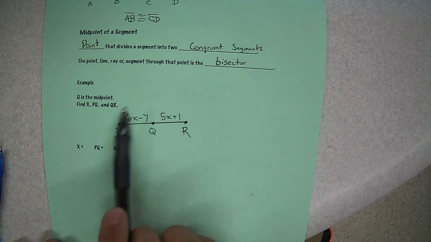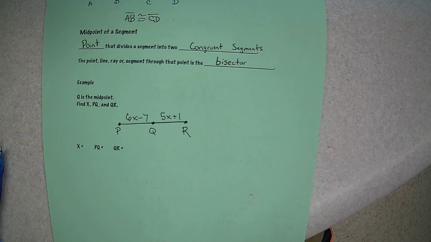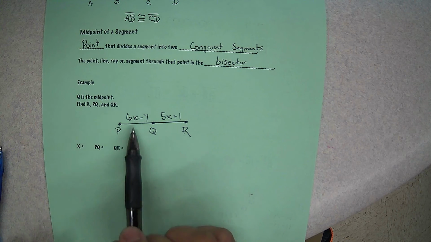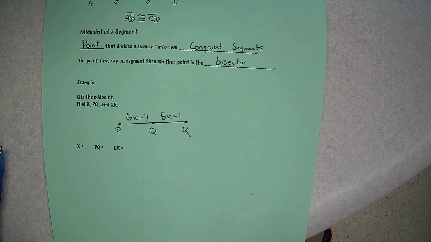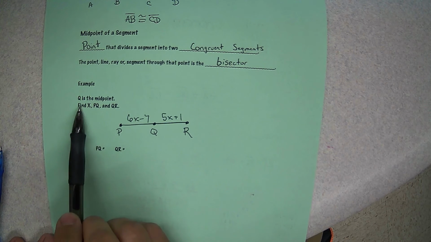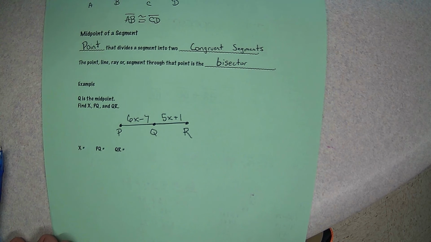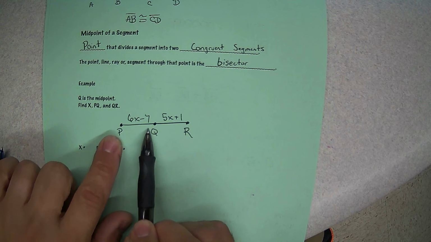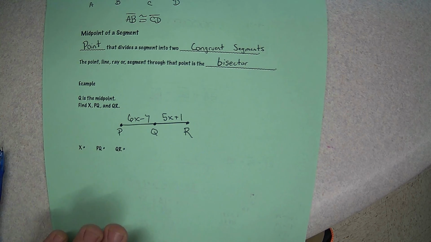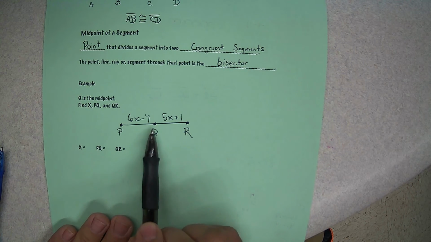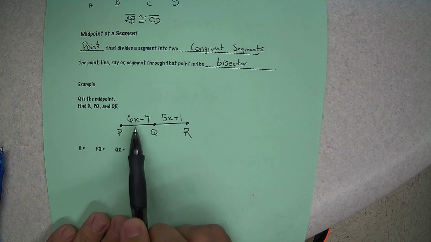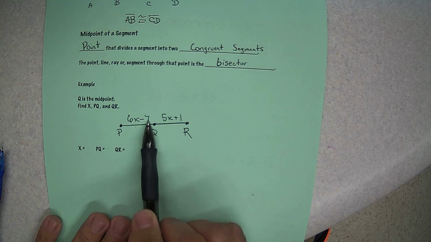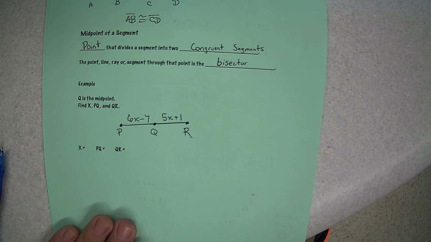We can look at an example of this one, similar to where we had expressions in the first example. We have expressions here as well. This one is saying that Q is the midpoint right here. PQ and QR have the same length because it's the midpoint. It's dividing into two congruent segments, so these two are the same: 6x minus 7 equals 5x plus 1.